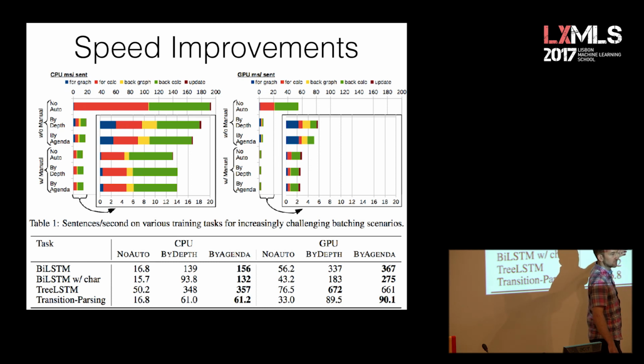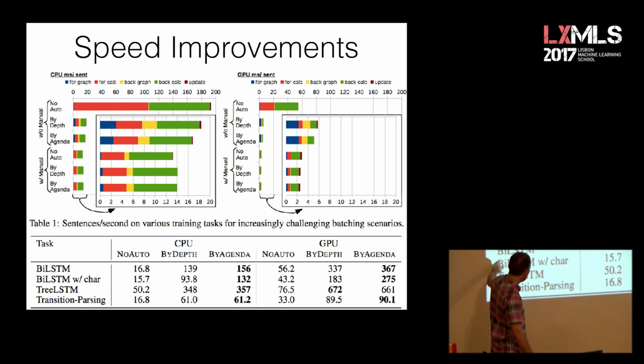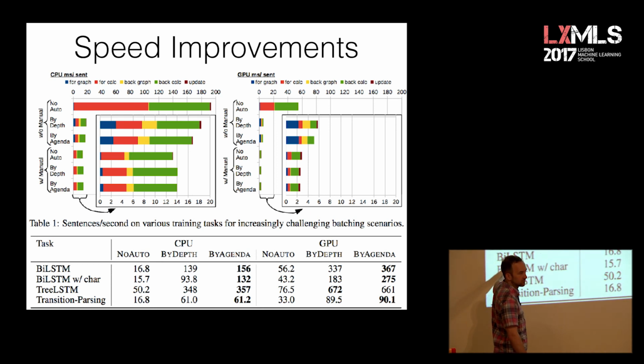So if you're used to being slow on CPU, it will be quite a bit faster with DyNet. The second thing is these are, except for maybe this one, or most of these are things where mini-batching would be difficult, and when mini-batching is difficult, GPUs don't give big speed improvements.